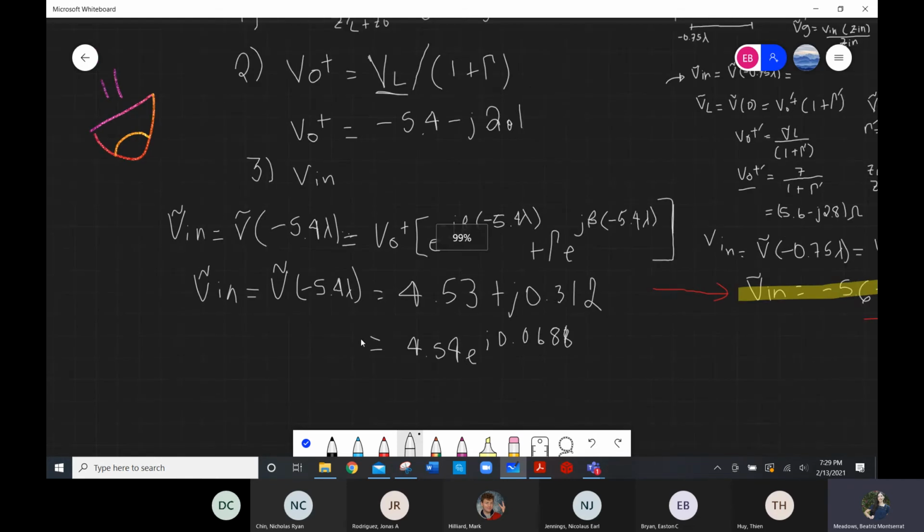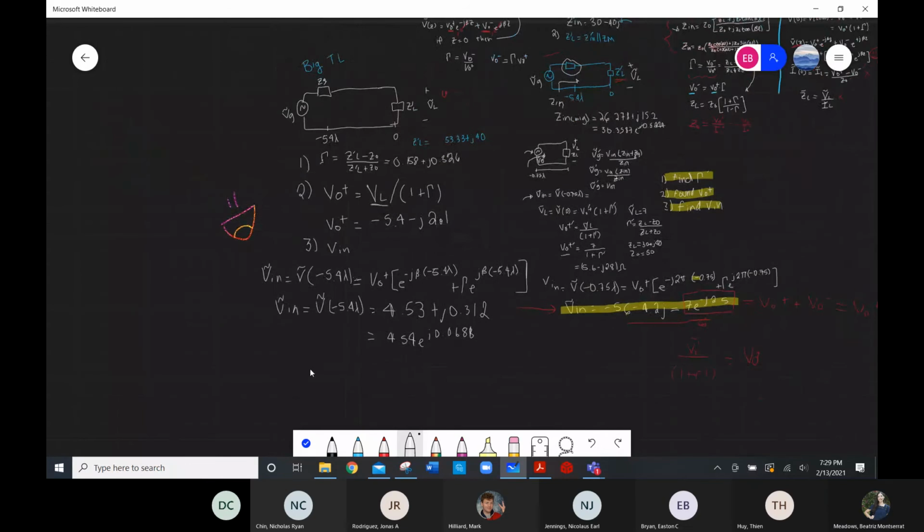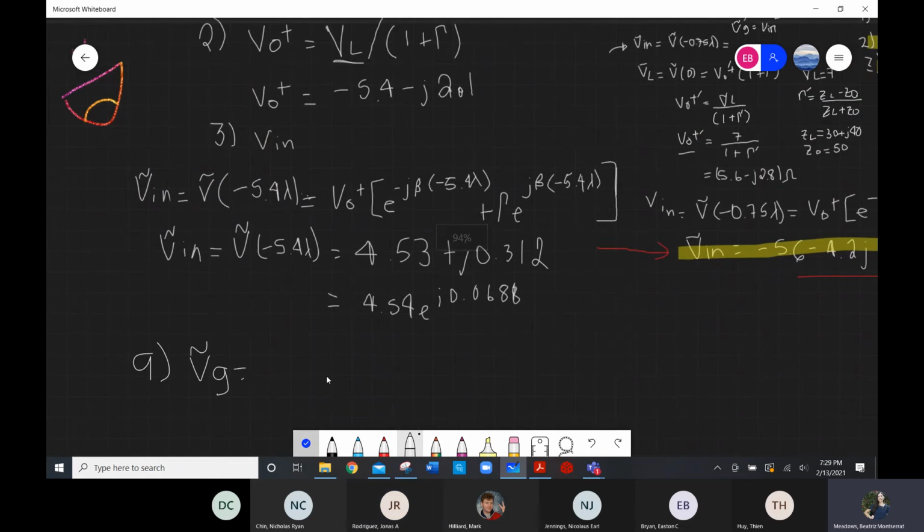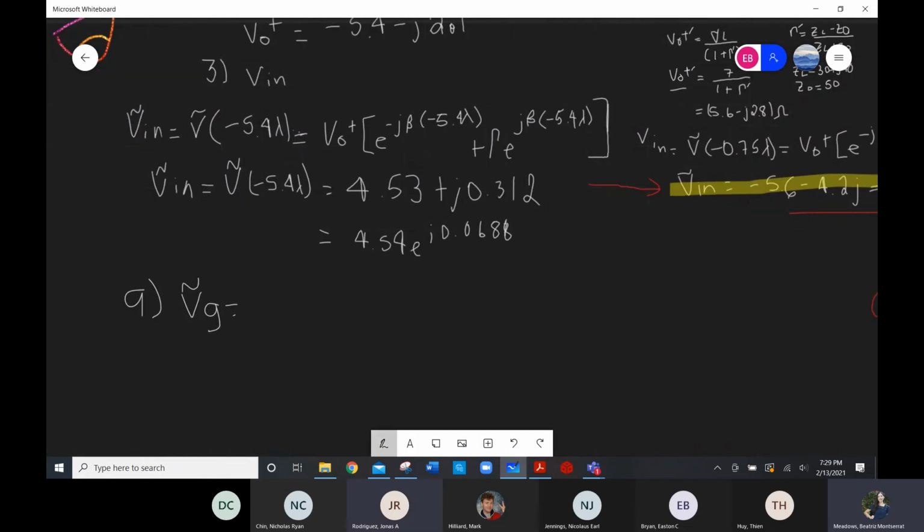Okay, and now what? Am I done? What do I want to find for part A? We want to find the voltage at the generator, right? And what is that? We've asked this question 3 times total in this test.